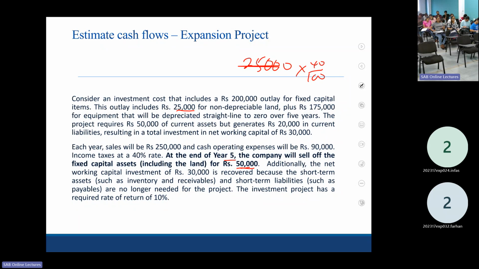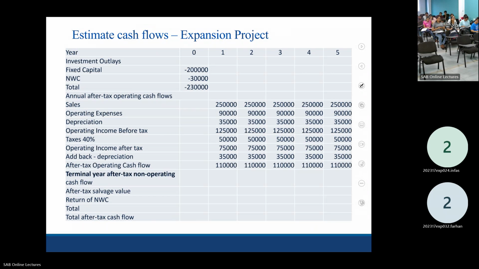So your tax will be 10,000. 25,000 times 40% is 10,000. So then after tax, salvage value is 40,000. 50,000 minus tax of 10,000.